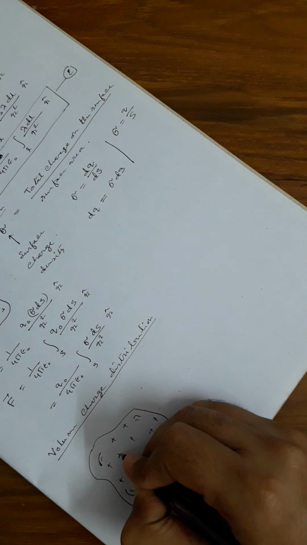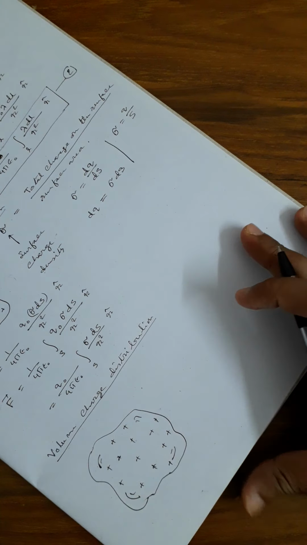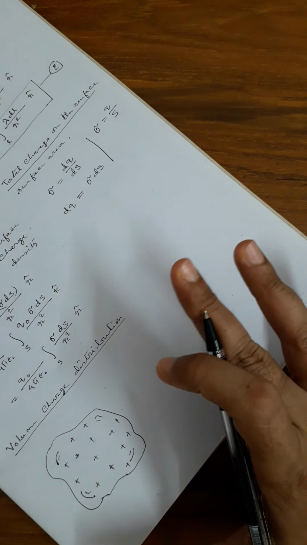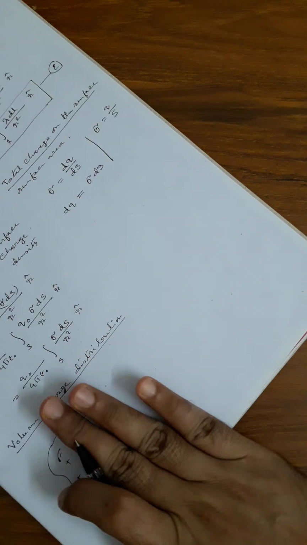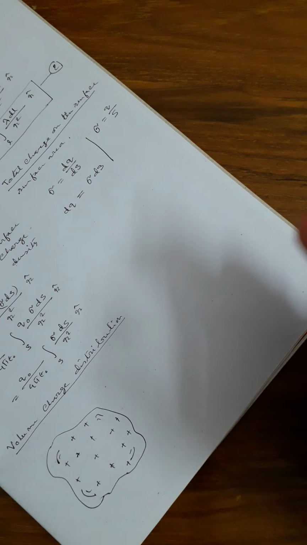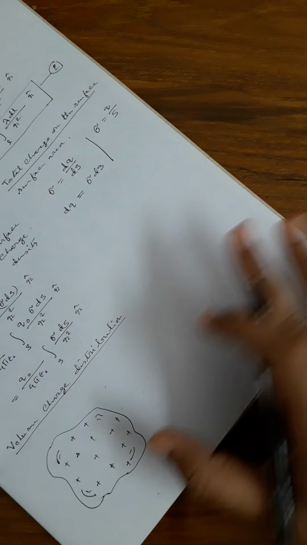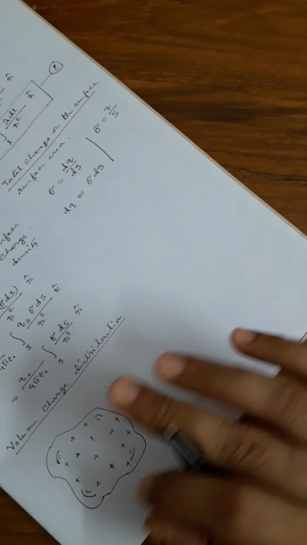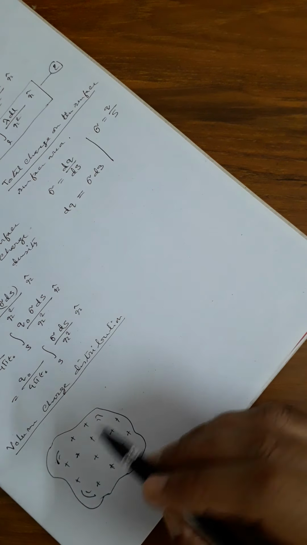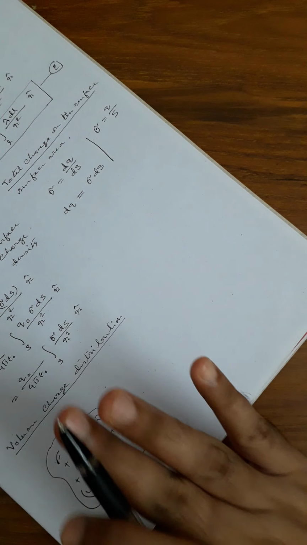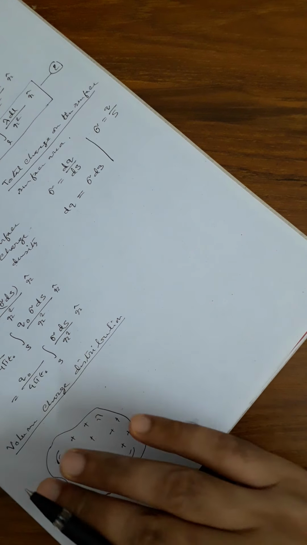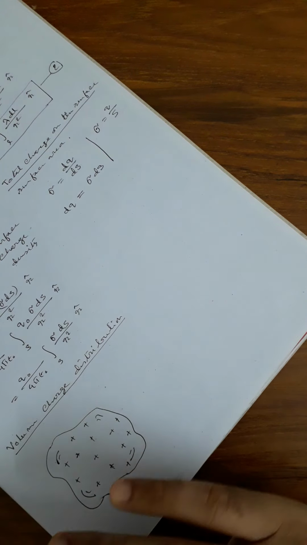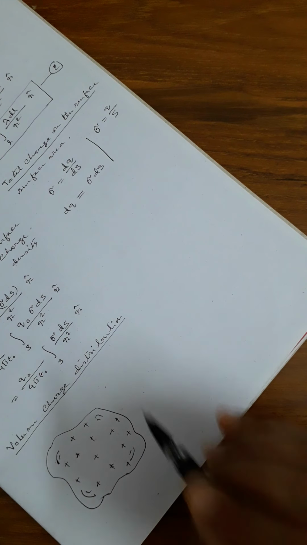We will discuss this part more rigorously in our future videos, because for volume, charge does not reside in a uniform manner in all cases, but for metals charges reside only on the surface. So for this case the charge is uniformly distributed throughout the volume, not only on the surface.